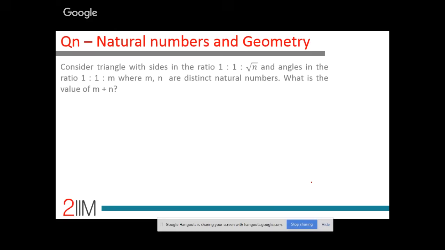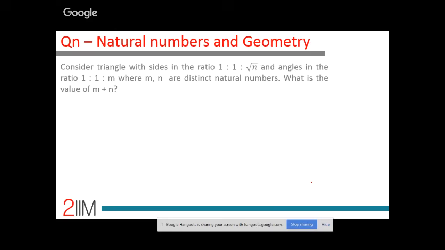So now draw this triangle where sides are in the ratio of 1:1:√3. It's an isosceles triangle. We know that. Find the angles of that triangle. Therefore, we can find m from there. The question is saying that triangle exists and it has a proper m, which is a natural number. So we know that. Now we can confidently say I'll find that m. So draw this triangle, which is 1:1:√3.